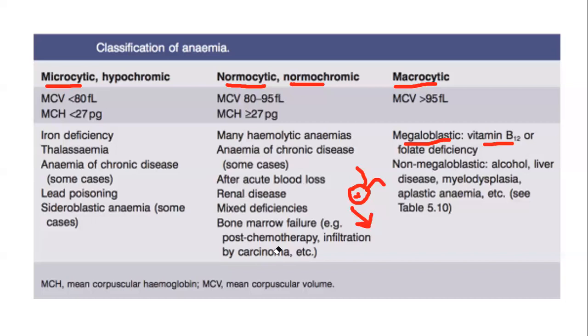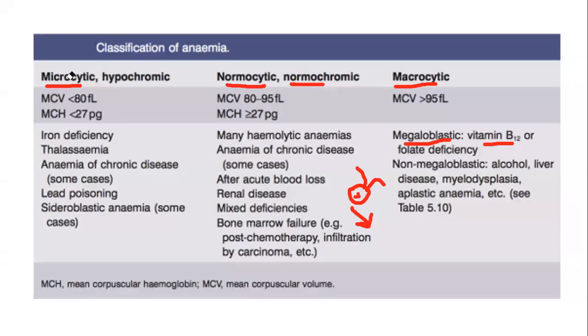If anybody is diagnosed with cancer and needs chemotherapy, they have a chance to develop anemia, and this is normocytic, normochromic anemia. Infiltration by carcinoma.